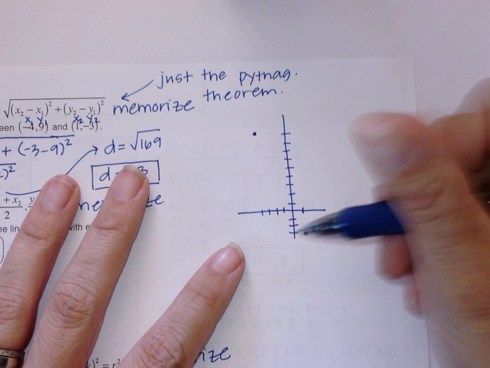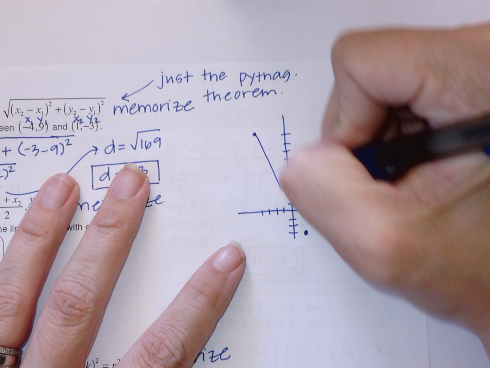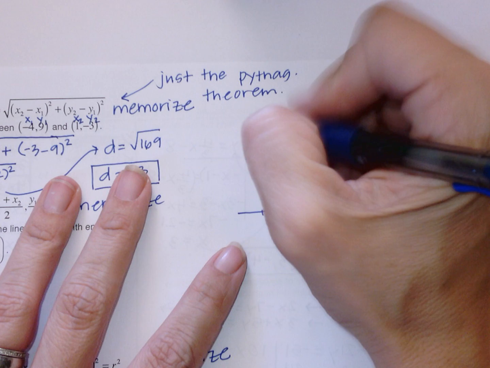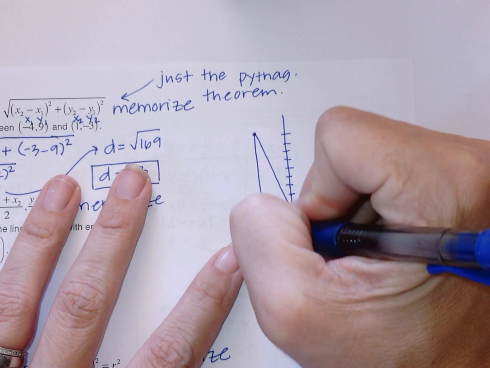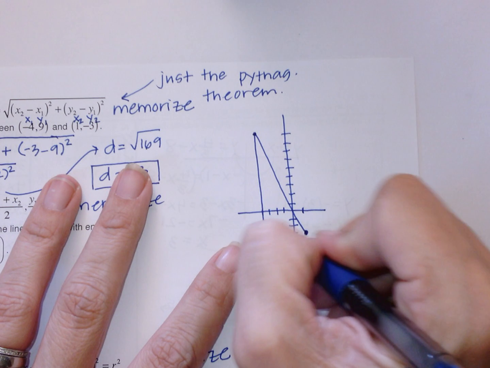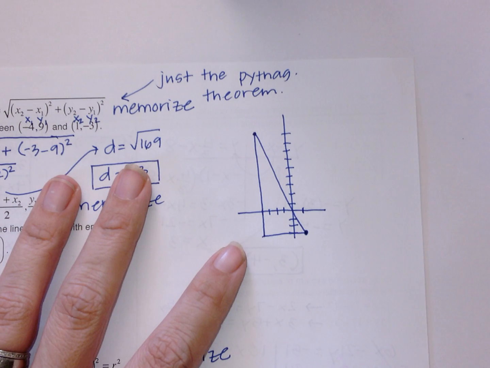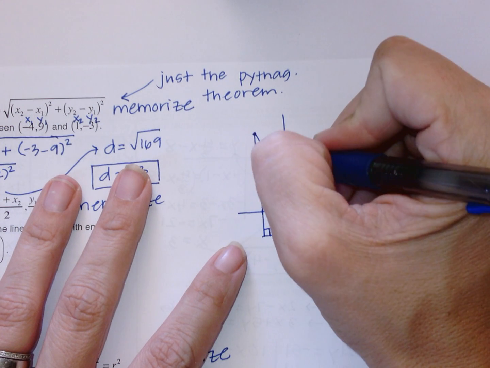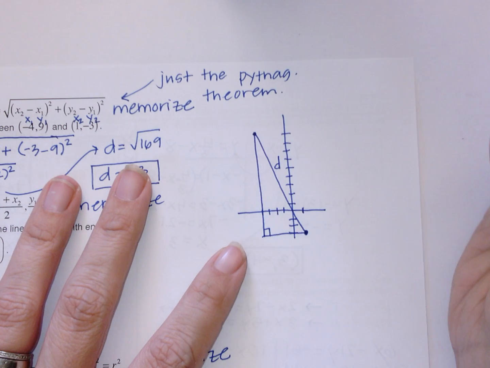And the question you're being asked is, what's the distance between those 2 points right there? So what I can do is drop down a perpendicular to the x-axis and draw one perpendicular to the y-axis and make a triangle. And again, I want to know what this distance is here.